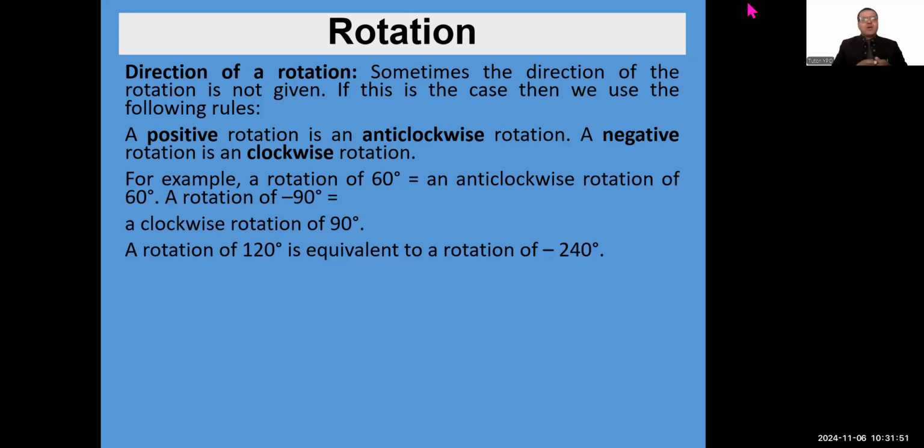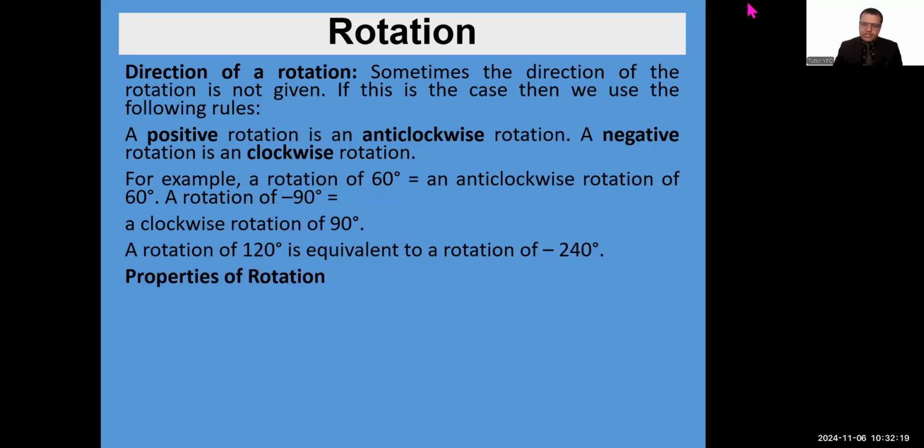So positive 120 degrees rotation and negative 240 degrees rotation are equivalent to each other. They take the original object to the same position.